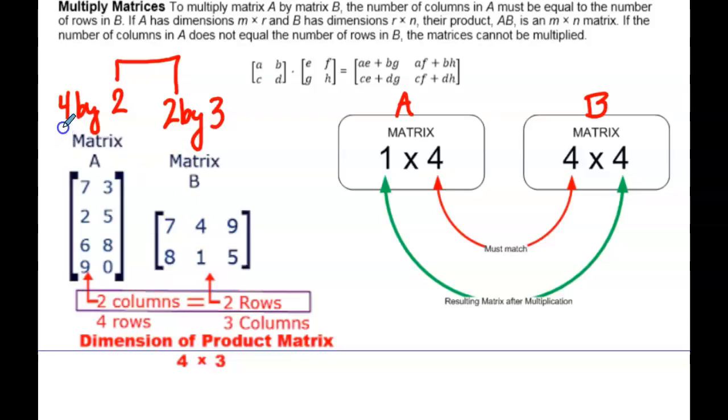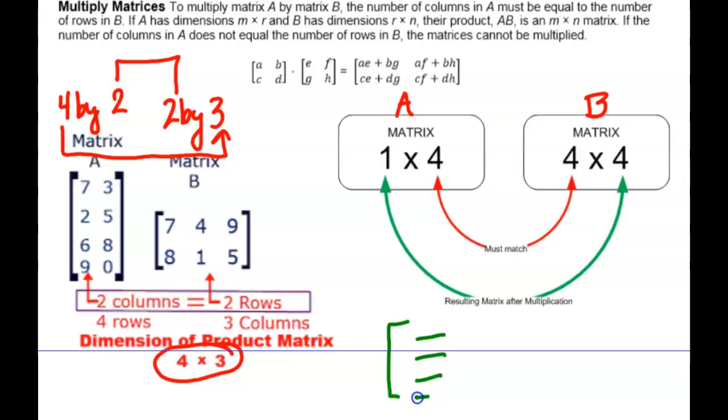And the size of the resulting matrix, if you multiplied A times B, would be a 4 by 3. Okay? Now, I'm going to show you how that actually works, but don't get excited. I am not going to ask you to do it, okay? 1, 2, 3, 4. Oh, that's big. Maybe I shouldn't use this as an example. Okay, it would be a 4 by 3.